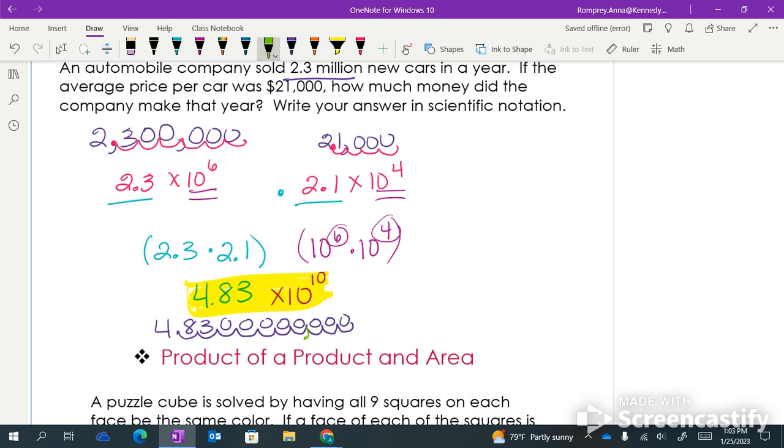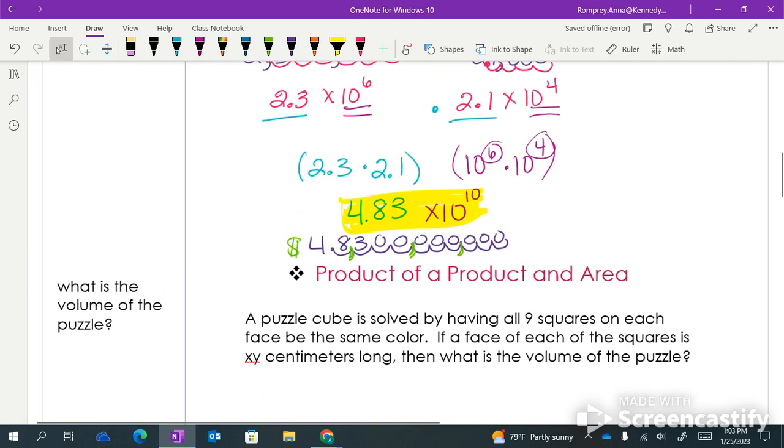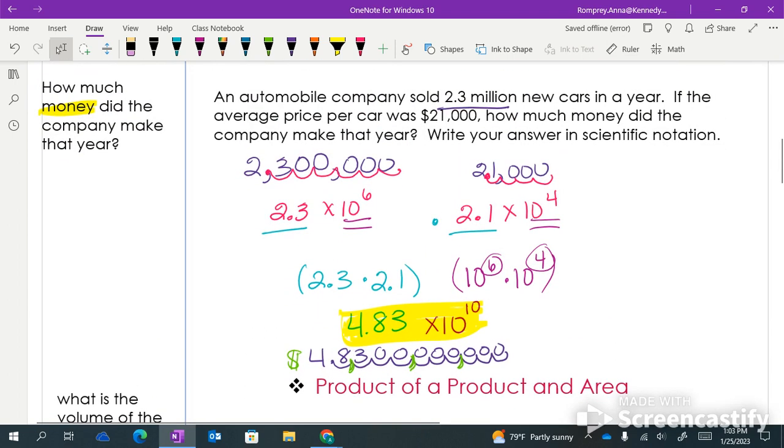Fill in my commas: hundreds, thousands, millions. 48,300,000,000. That's how much that company made in their car sales. That's pretty awesome. So when you're doing scientific notation, remember, once you convert both to scientific notation, multiply your numbers, then multiply your base 10s, and put it all together.